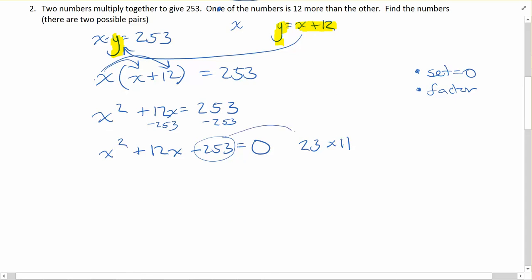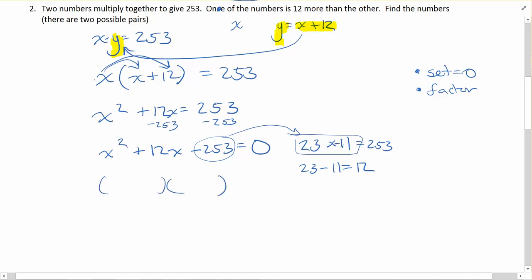So that's one of my options for factors, and if I double check this, can I get it to add to 12? Yes, in fact, the difference between 23 and 11 is equal to 12. So I can get timesing to 253 and subtracting there to get me a positive 12. Because this is a negative at the back, I know I need at least one of those to be negative.